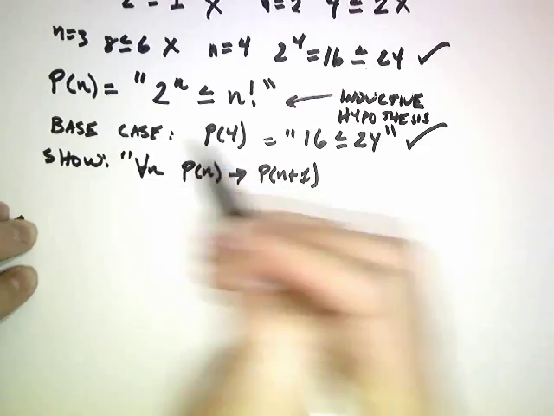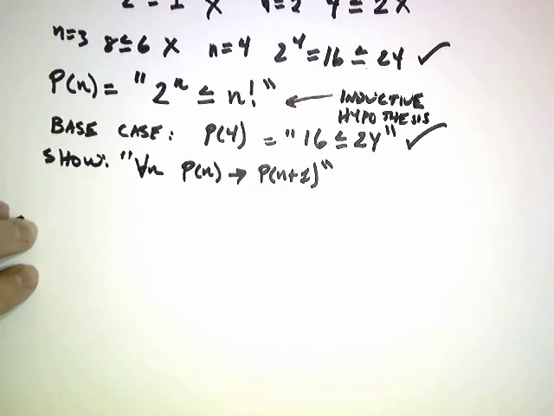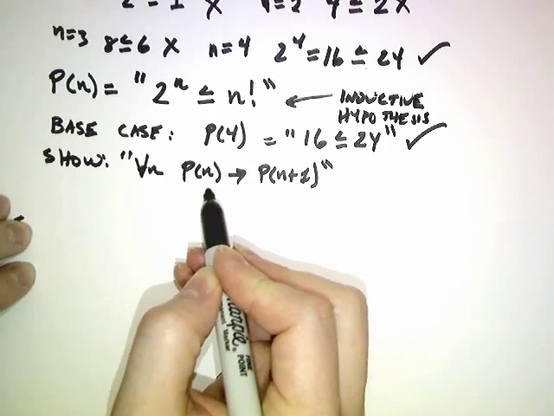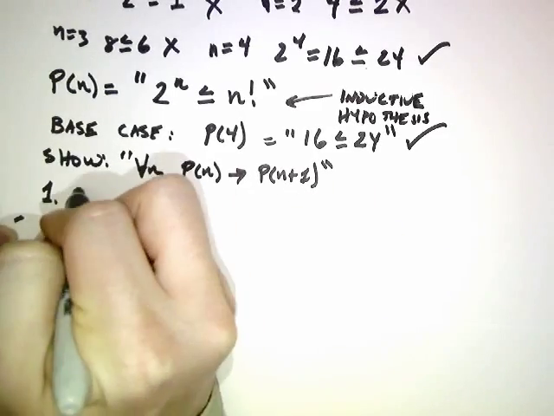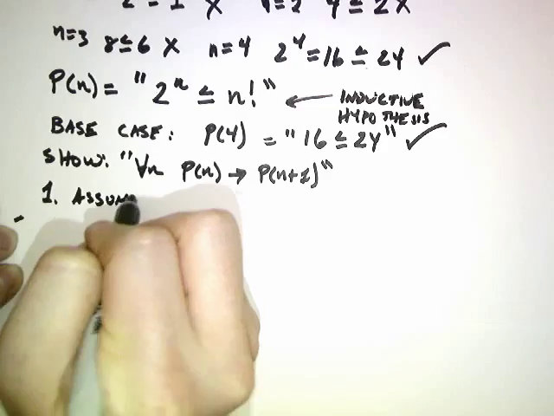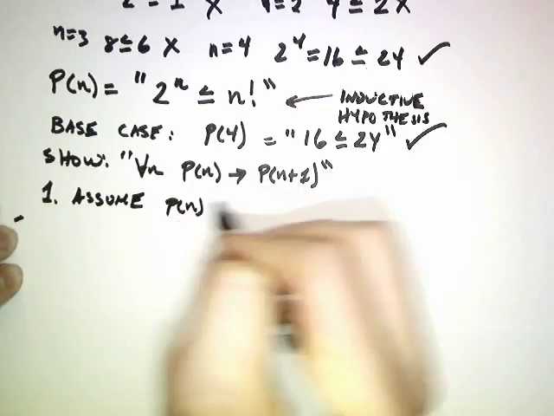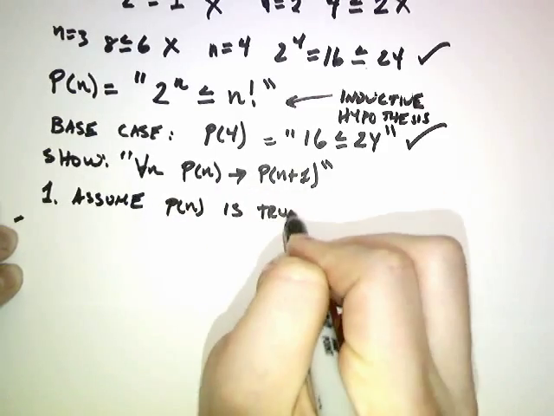This is what we need to prove, and that will complete the proof by induction. So since we need to show that P of n implies P of n plus 1, the first step is to assume P of n is true.